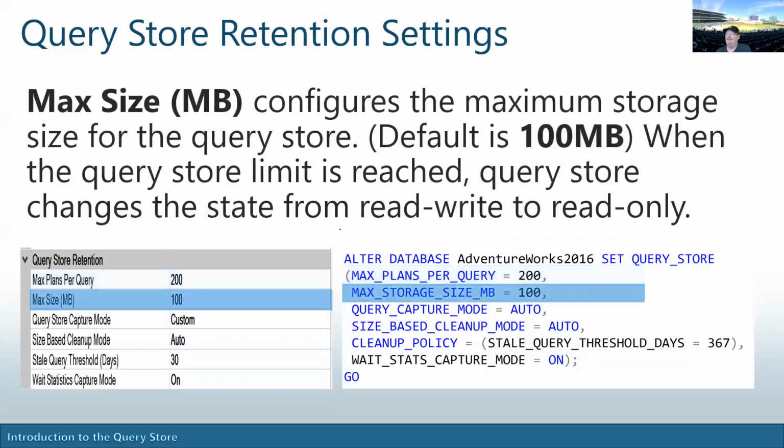Max size, the default setting for this is 100 megabytes. What's a good setting? I don't know. It depends on your database. If you have a 15 terabyte database, 100 megs is not going to be enough. So as a percentage, again, I don't know.